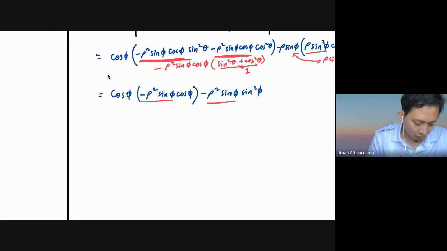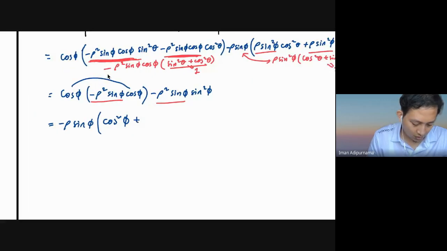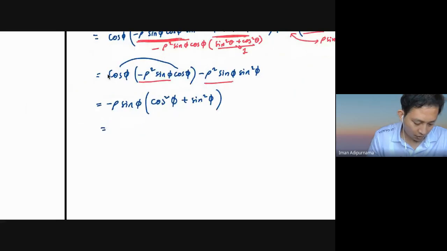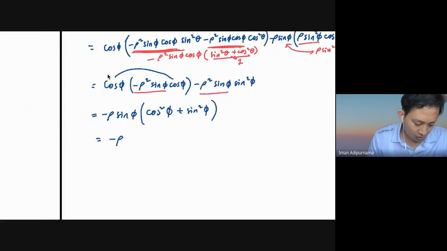And we can compute this and the cos and cos become cos squared psi, and then plus sine squared psi, right? And so you have negative rho, oh sorry, should be squared.